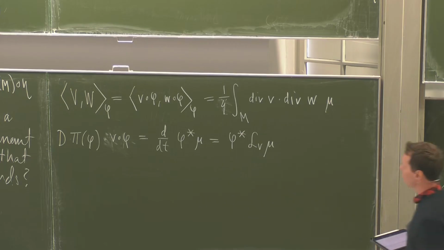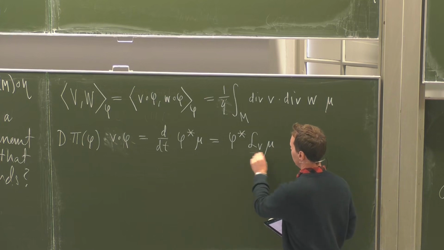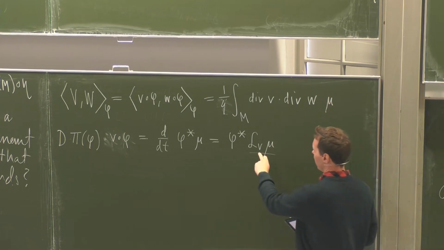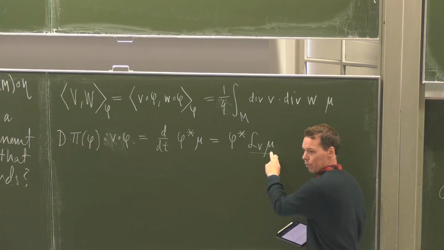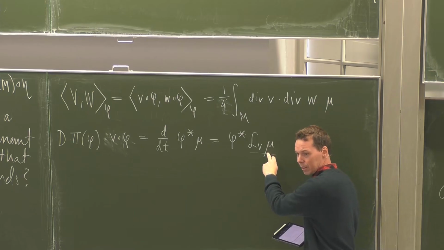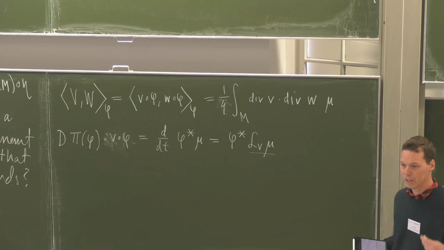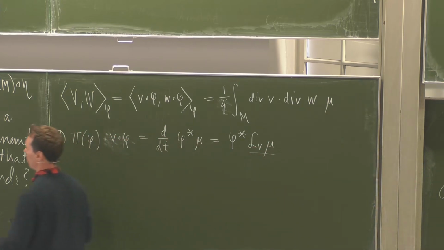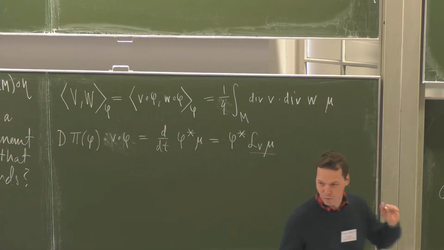So again, this is good because it gives me the kernel here, right? I just read off that whenever my vector field is divergence-free with respect to mu, now a fixed mu, then this is going to be in the kernel. Now I know what the horizontal directions are, and they're slightly different from before, because now it just depends on this fixed mu.